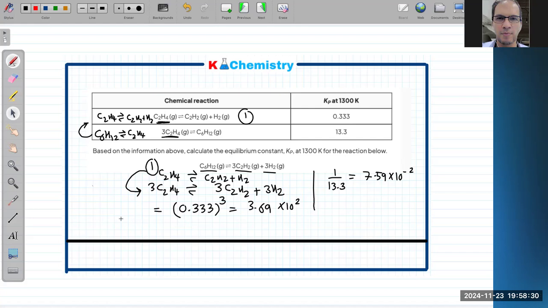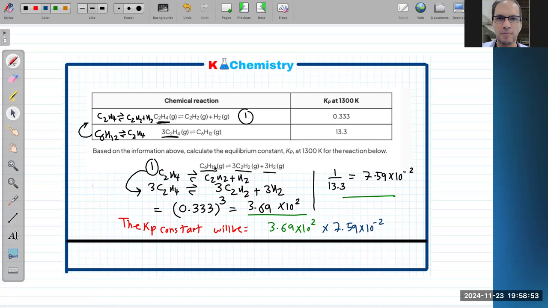So the KC constant will be by multiplication. The first one, which is 3.69 multiplied 10 to the power of 2, multiplied by the second value, which is 7.59 multiplied 10 to the power of -2.